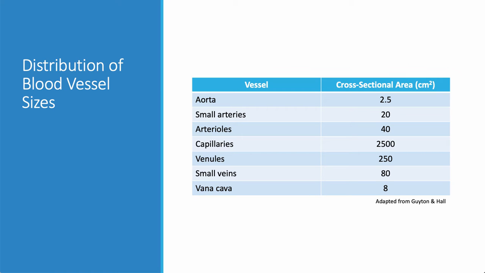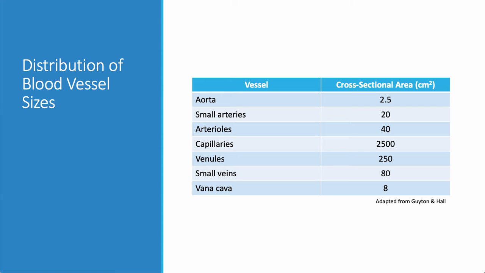So it's important to understand just how much blood exists in the capillaries. You can see that the effective cross-sectional area of the aorta is 2.5 centimeters. But look at the effective cross-sectional area of the capillaries.